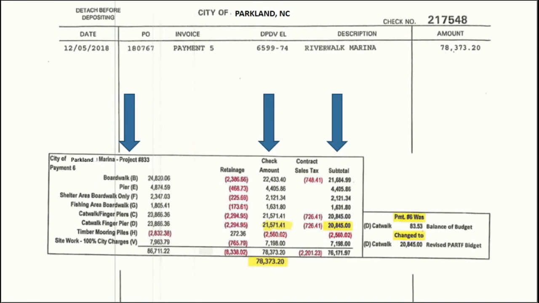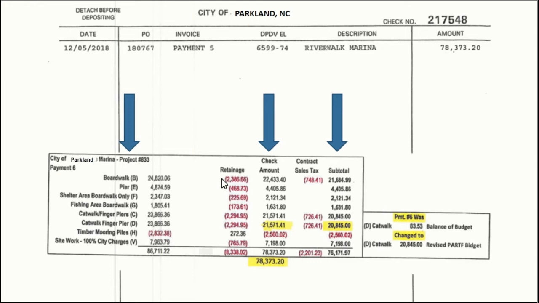This is a gold star example received from one of our municipalities. Though not required, the finance officer also provided their checks as proof of payment for their development project. On each check stub, she provided incredible detail. The first column identified each scope item. The second column gave the amount billed.